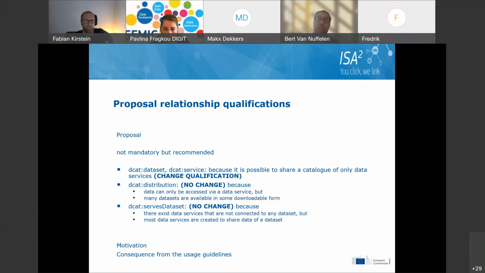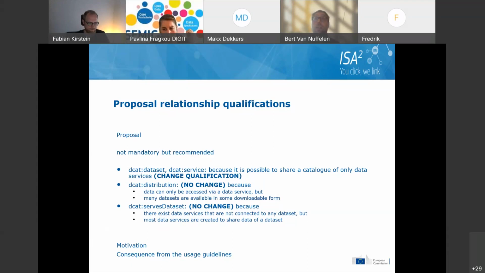Now, on the set of only services, the allowance of a catalog of only services doesn't mean that these services might not refer to a data set that is not mentioned in the same catalog. They might mention, I'm accessing a service that is somewhere, a data set that is in another catalog.